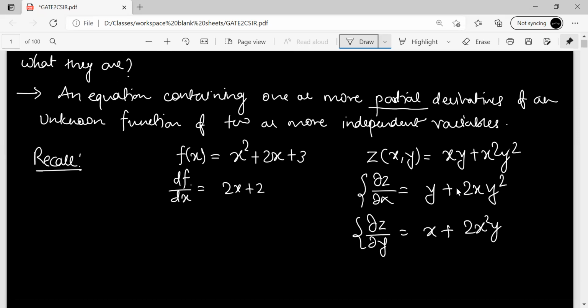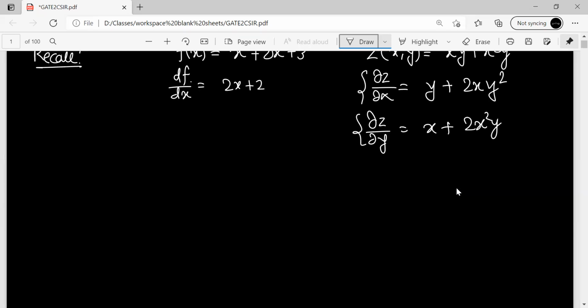So let me give you a simple example of a differential equation. I can have an equation like this. This example would be, say, del z over del x plus del z over del y equal to, say, x plus y. This is a partial differential equation of order 1 because only first order partial derivatives are involved.